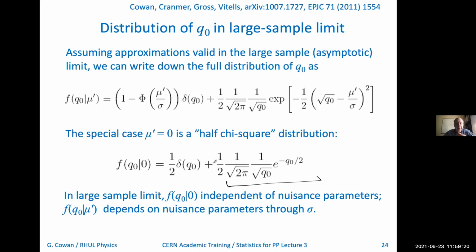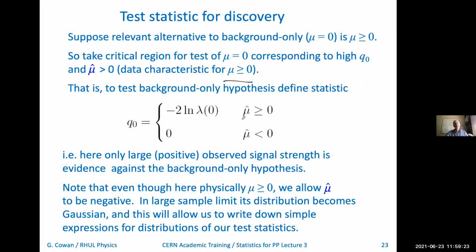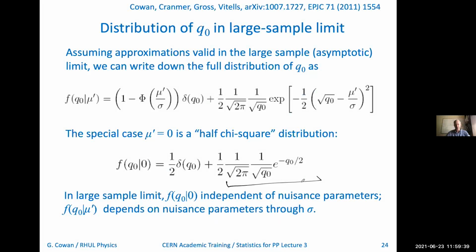And you can understand that because if I go back, obviously if mu is equal to 0, then roughly half the time mu hat's going to fluctuate positive and half the time it will fluctuate negative. If it fluctuates negative, I assign a value of 0. So that's the delta function. If it fluctuates positive, then Wilks' theorem tells me that it's a chi-square distribution for 1 degree of freedom.